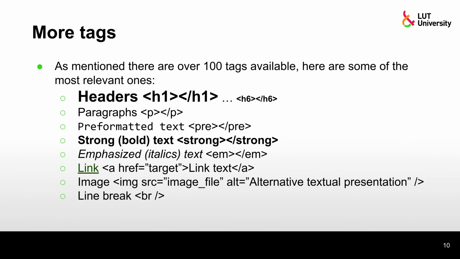If you press enter in your paragraph tags and start a new line, the new line is not shown in the browser. If you insist that you need a line break, then you need this BR break tag there, and it doesn't have an enclosing tag. But with BR you can get a line break.